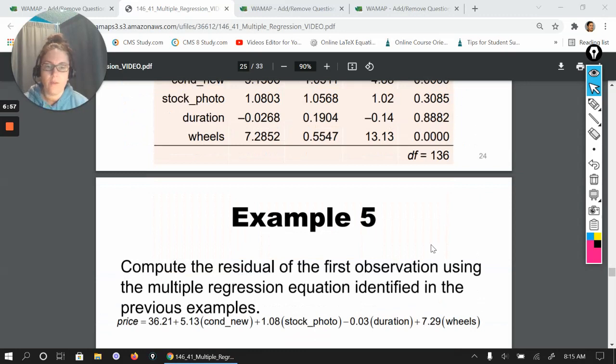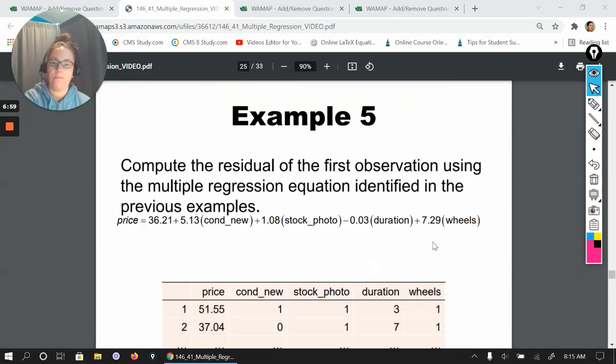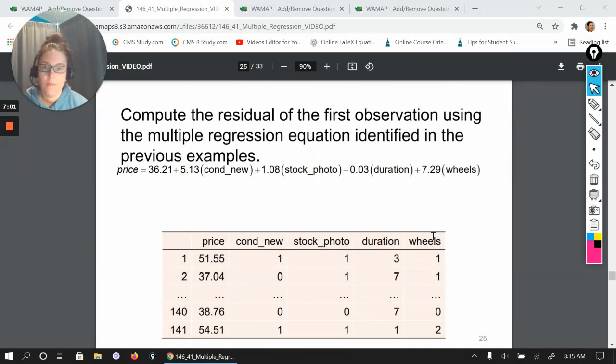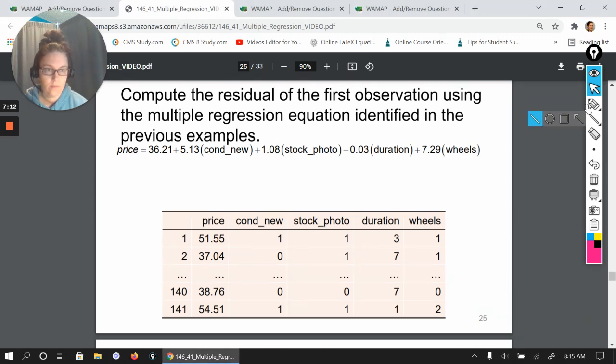Okay, we answered that one already. Example 5. Compute the residual of the first observation using the multiple regression equation identified in the previous examples. Okay, so here we go.